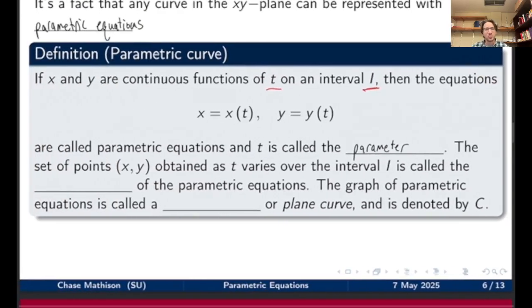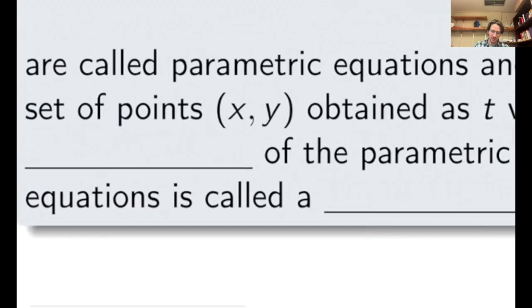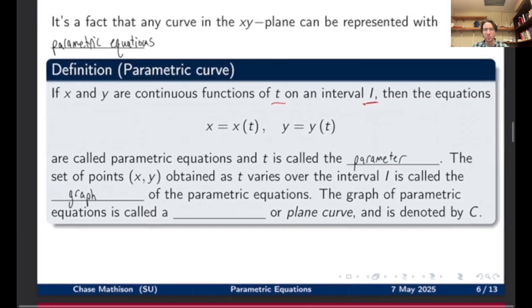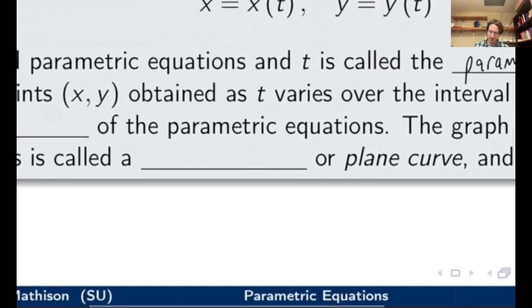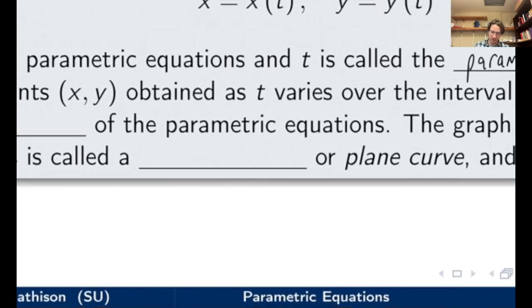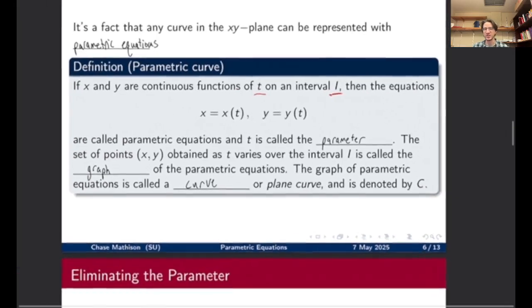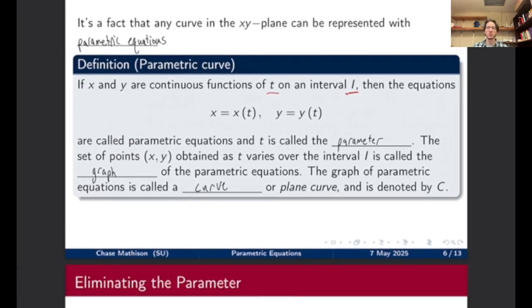The set of points (x, y) obtained as t varies over the interval I is called the graph of the parametric equations, and the graph of parametric equations is called a space curve or plane curve. Or generally, I'll just put here curve or plane curve, and it's denoted by C usually.